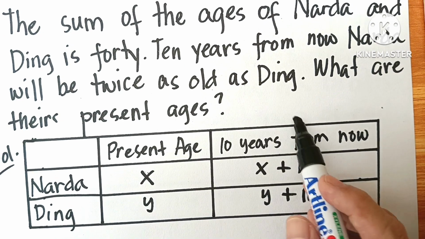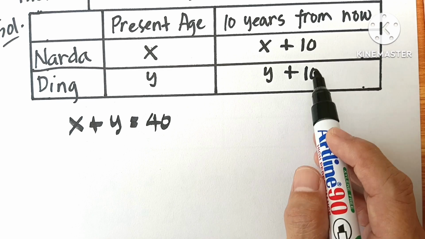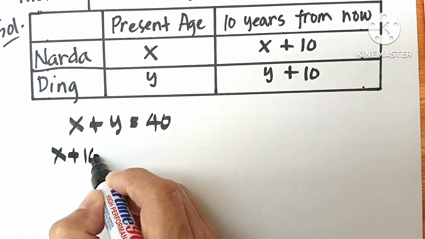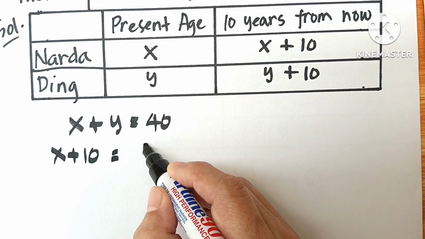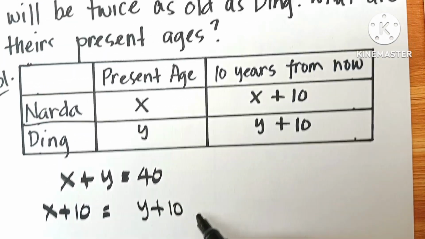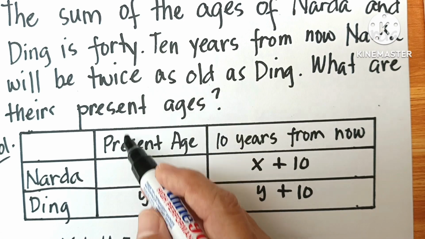Now, for equation 2, we use the second statement. 10 years from now, Narda will be twice as old as Ding. So, we use the third column. Sulat lang natin, x plus 10, and then y plus 10. O, now, kanino natin ibibigay ang times 2, no? Since twice means times 2.